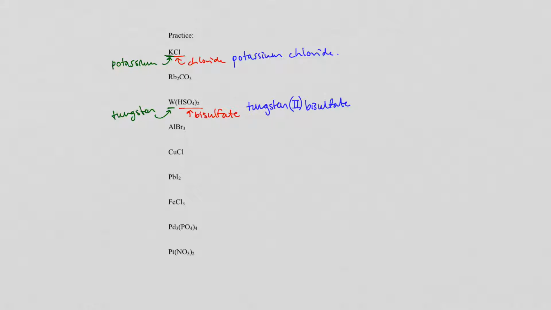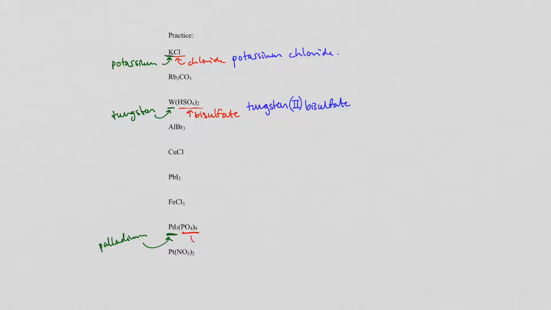And I'll do one more, and it's going to be this palladium compound down here. So our cation is this palladium, right? Palladium is also a transition metal, right? So we're going to determine which oxidation state this is in by taking our phosphate anion.